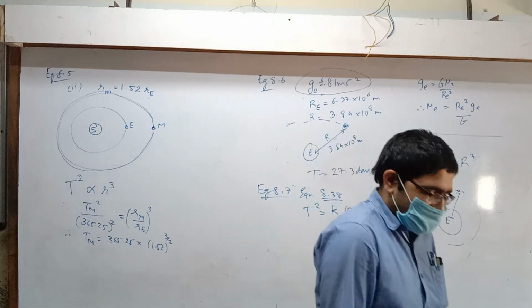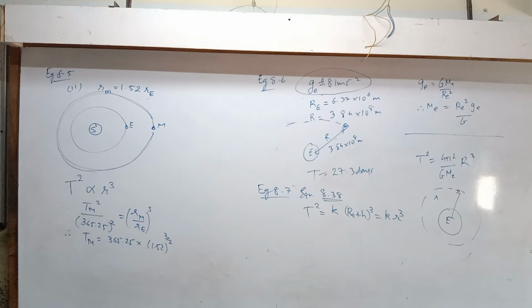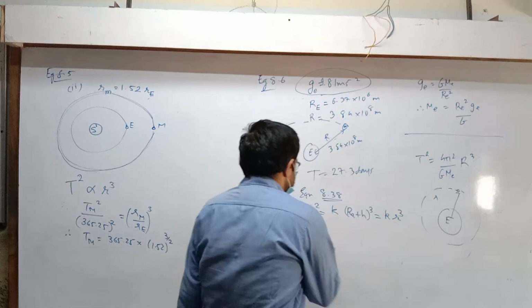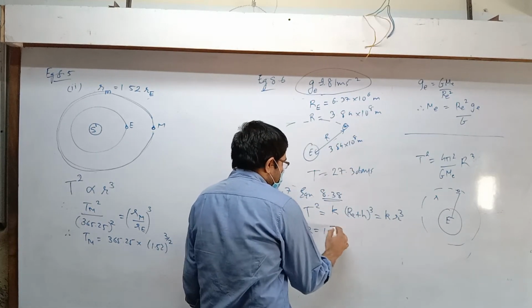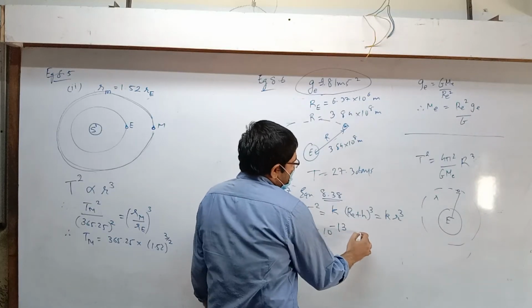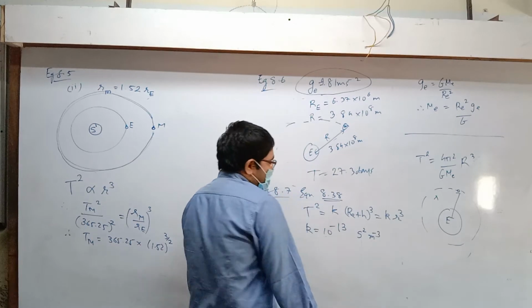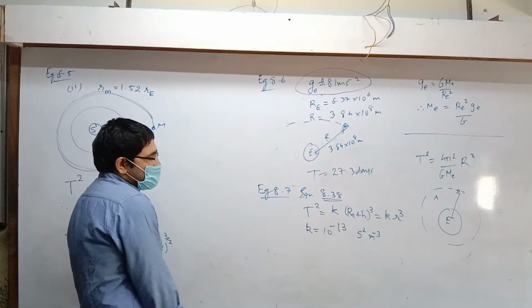Now what's to be found? Express the constant k in days and kilometers. And given that k's value is k equal to 10 raised to minus 13 second square meter raised to minus 3. Okay, s square m raised to minus 3.